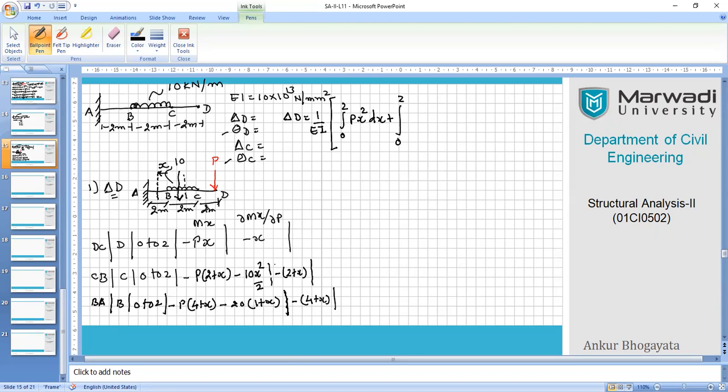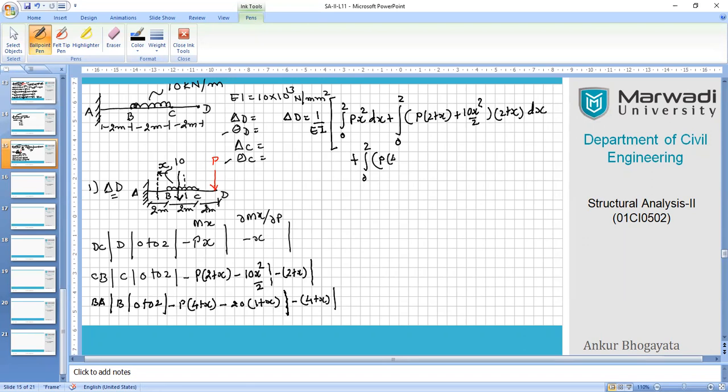Now let's combine this together, like this: p into 2 plus x plus 10x square by 2 into 2 plus x dx, and then of course finally plus 0 to 2 meters. We'll simplify it with the signs and all.